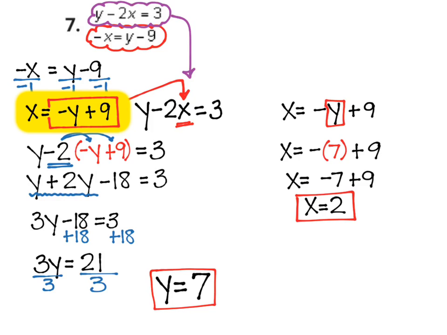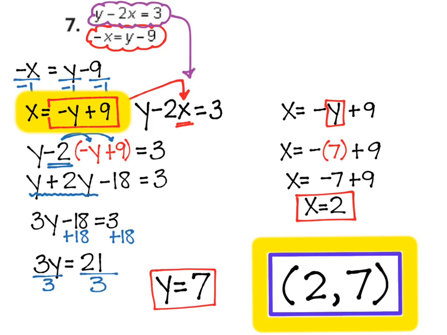So I now know that the solution to this system, what makes both of these equations true, is when x equals 2 and y equals 7. And we know from our previous lesson, every time I've been solving, this would be the point of intersection if we were to have graphed the lines.